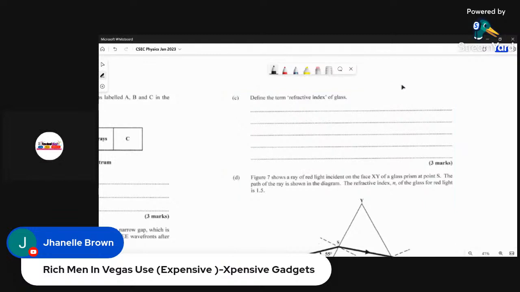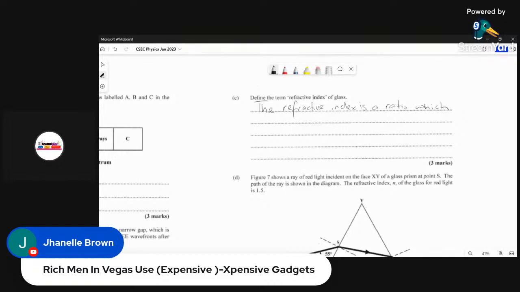If you wanted to put about the bending of light too, you can, because it actually involves the bending too.